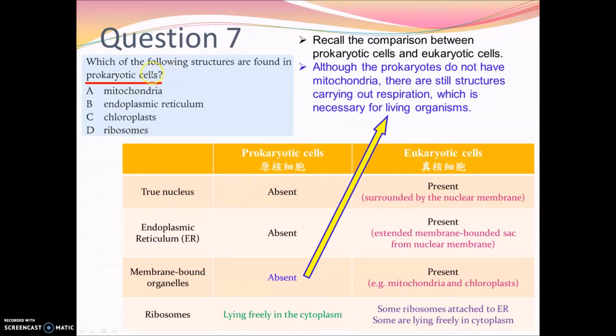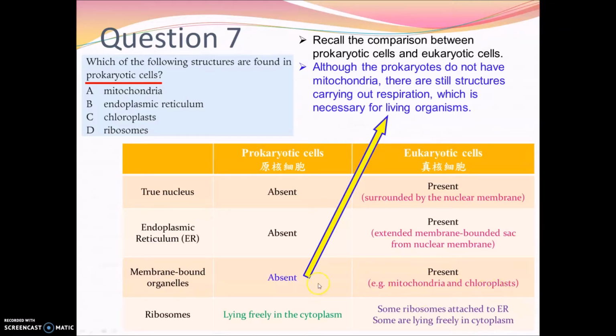So for the question, option B must be wrong, right? There is no ER in prokaryotic cells. And the membrane-bounded organelles are also absent in prokaryotic cells. But eukaryotic cells have membrane-bounded organelles, for example the double membrane organelles, mitochondria and chloroplasts.